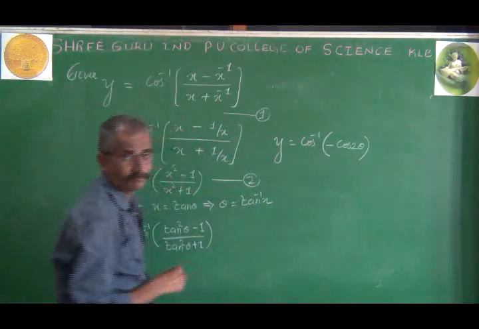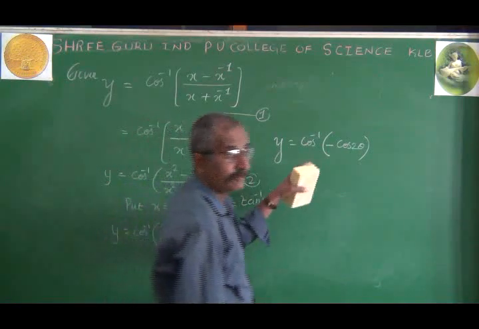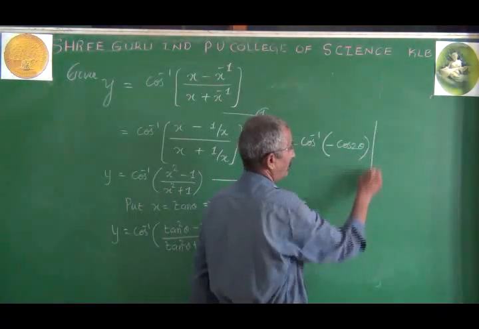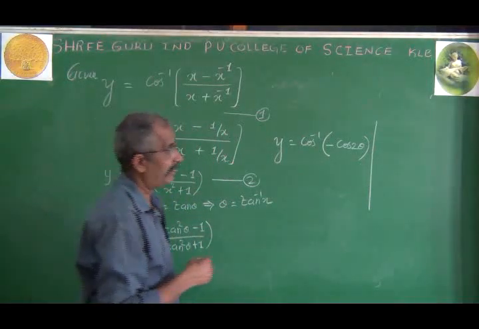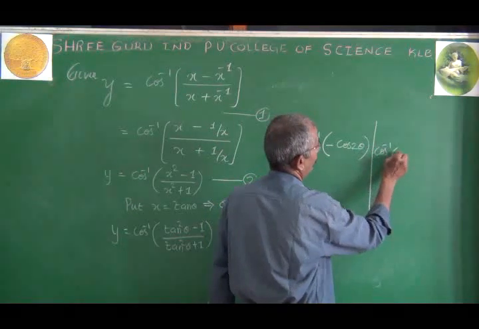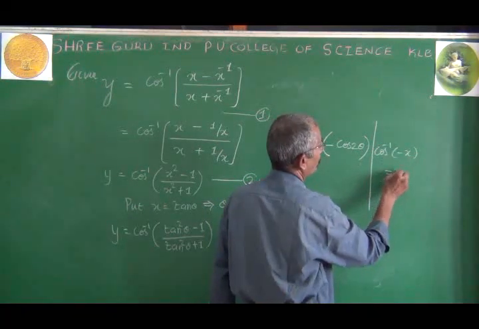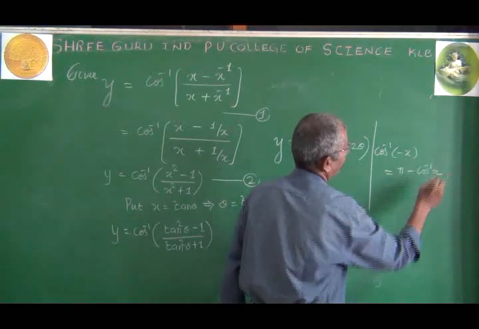This step is very crucial to be kept in mind. Now, we use the inverse trigonometrical function formula. It is already in the given list, proof will be in that particular topic. And that formula is cos inverse of minus x equals pi minus cos inverse of x.